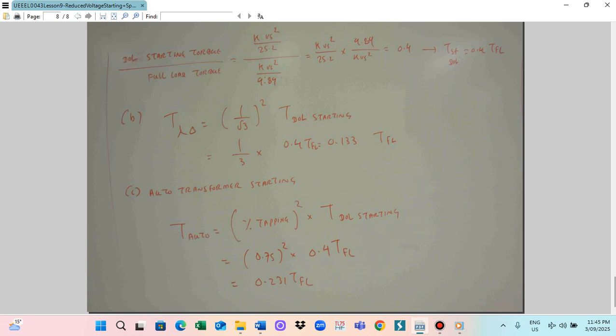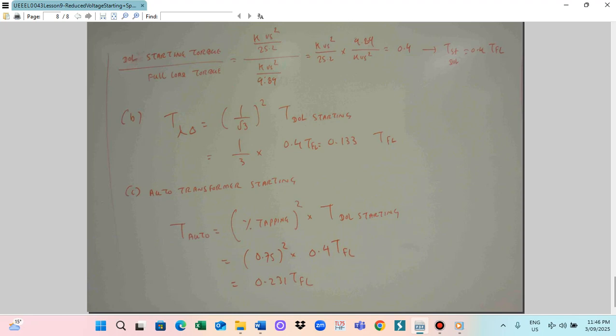So we get 0.133 per unit. This means star-delta starting is 0.133 of the full load torque, so T star-delta is 0.4 Tfl for direct online.